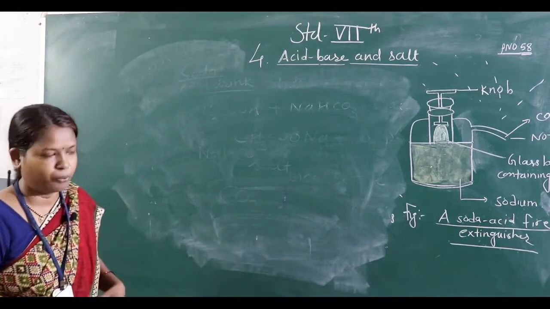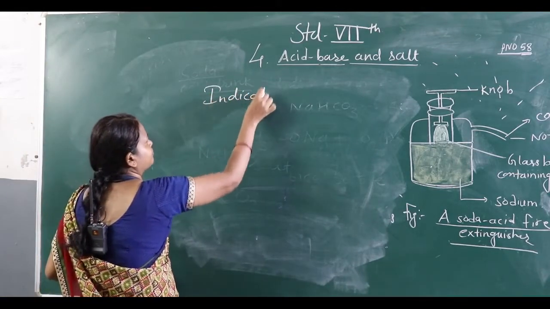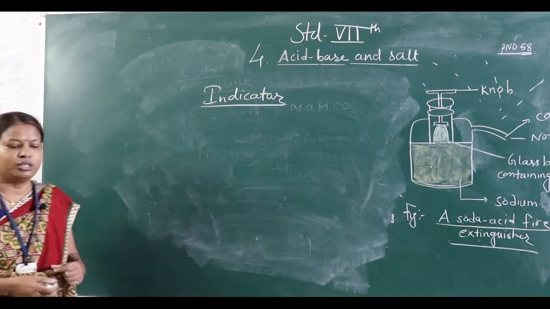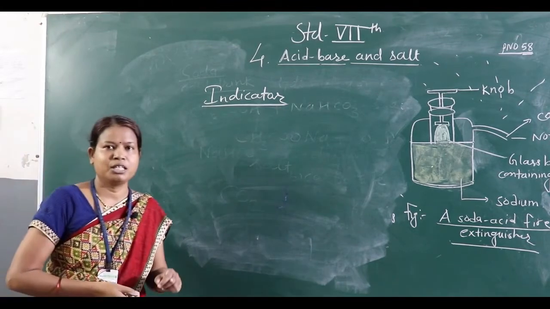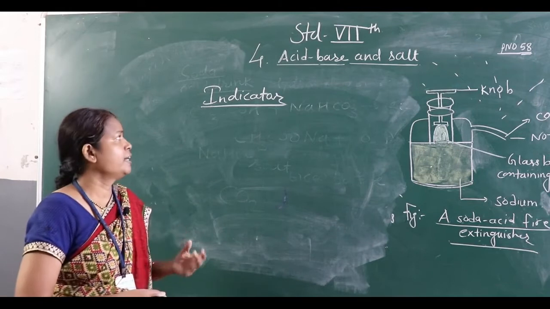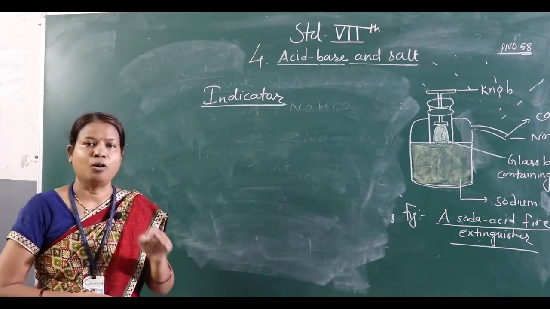Our last topic is indicator. What is an indicator? While performing any experiment, if there is a color change, that color change needs to explain whether the substance is acid or base.